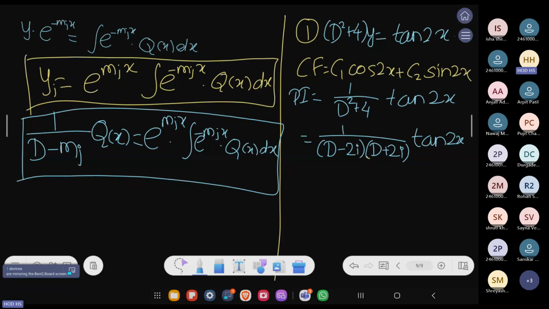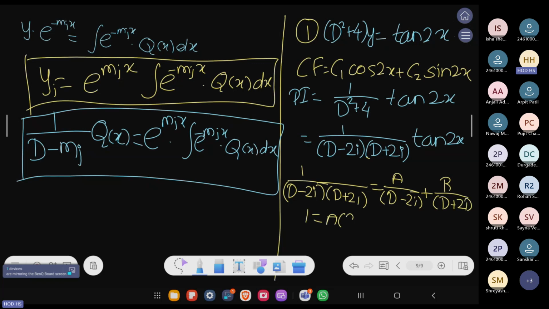So what I will do is separate out the terms. I'll consider 1 upon D minus 2i into D plus 2i as A times D plus 2i plus B times D minus 2i.